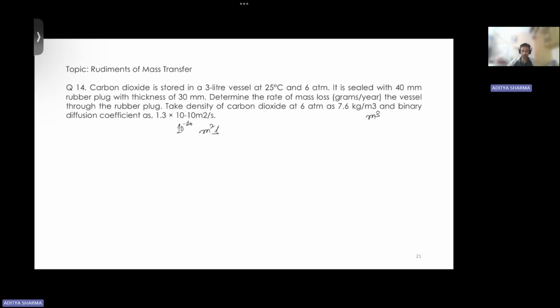The question states that we have carbon dioxide stored in a vessel. It is sealed with some rubber plug which has this diameter and this thickness. So what will be the mass loss from the vessel through the rubber plug?